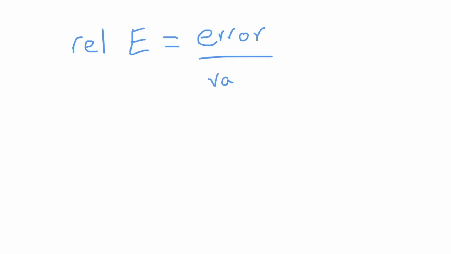Okay, so before we move on to the next section of this problem, I want to make a quick note. When I mentioned the formula for relative error, I'll just write relative E, that was equal to the error divided by our value. And this is similar to another formula that you may be familiar with, and this is the percent error formula.